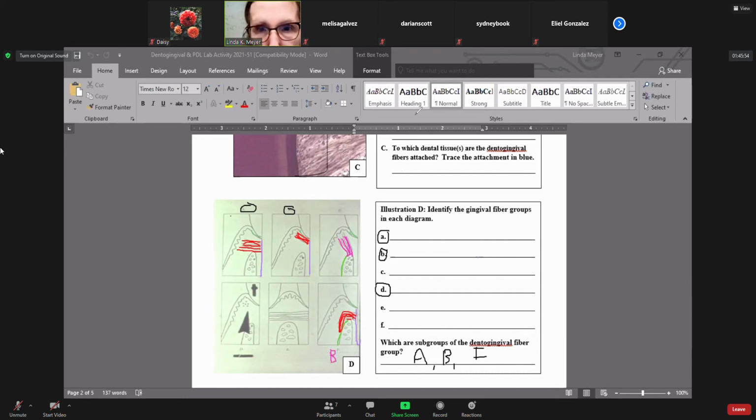And on this buccal view, there's not a letter for this, so I'll just make up a new one, letter G. So on the buccal gingiva or the lingual gingiva, I'm going to have those periosteal gingival fibers attaching too, that make the gingiva immovable.